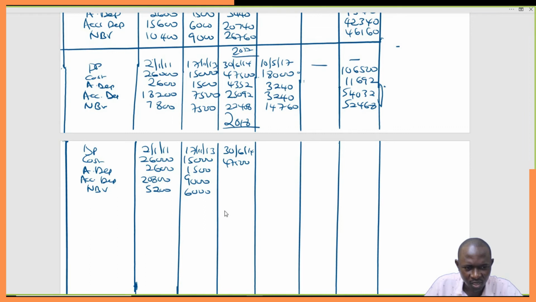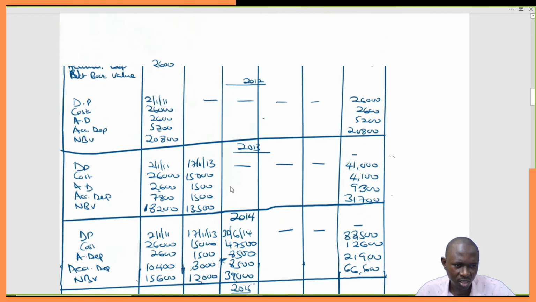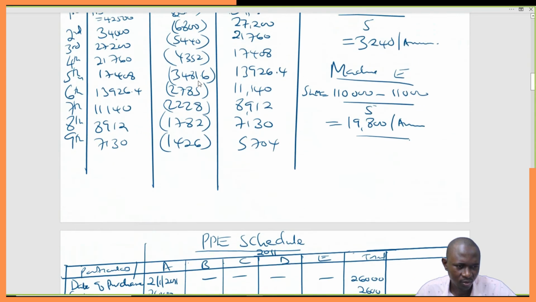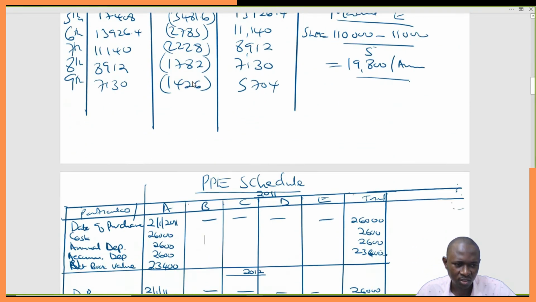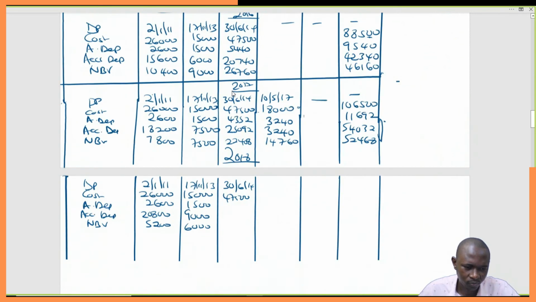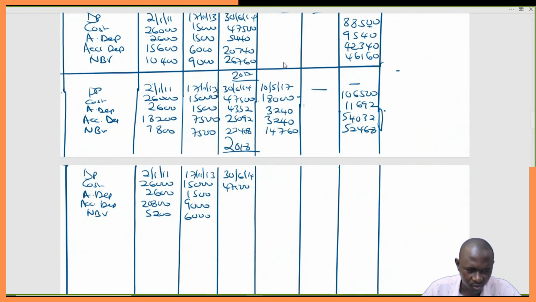But now for annual depreciation, let's go back. Annual depreciation, it's 3482. Let's call it 3482 to avoid working the decimals. So what do we get here?